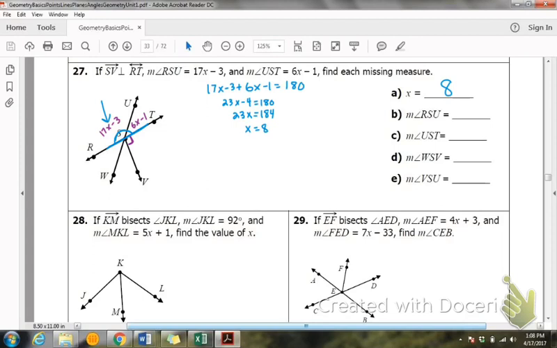Katie, what'd you get for RSU? 133. Anybody echo 133? Good.